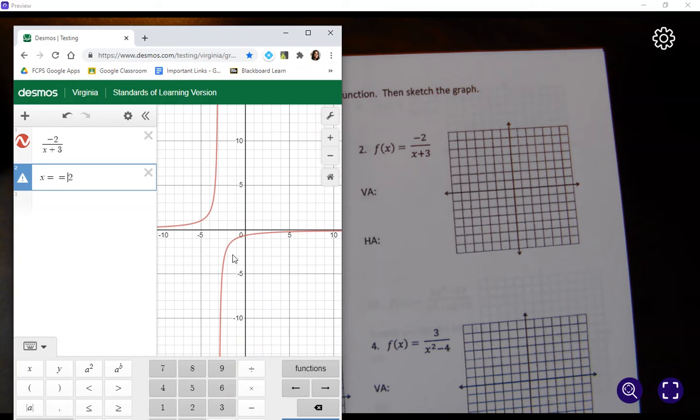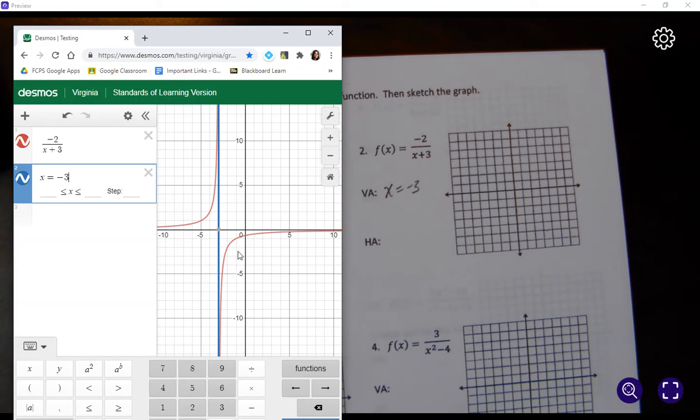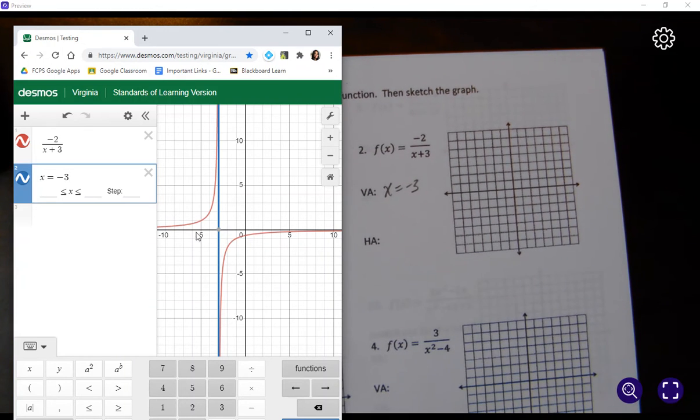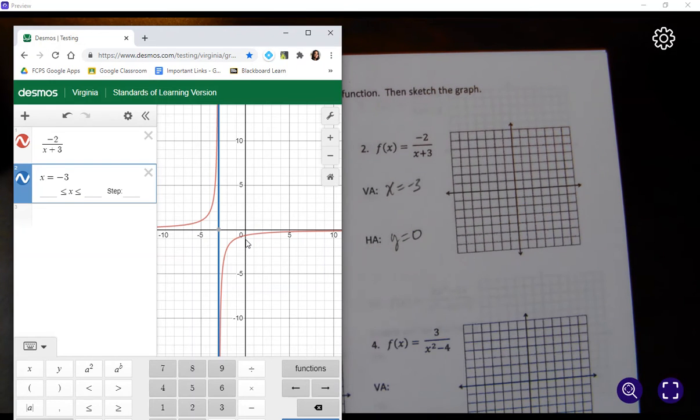Oops. Negative 2, and that's not it, because see how it's cutting the graph? We want it to be more to the left. So do negative 3. Yeah, there we go. That looks good. So x equals negative 3 is my vertical asymptote, and my horizontal asymptote is y equals 0. Okay.